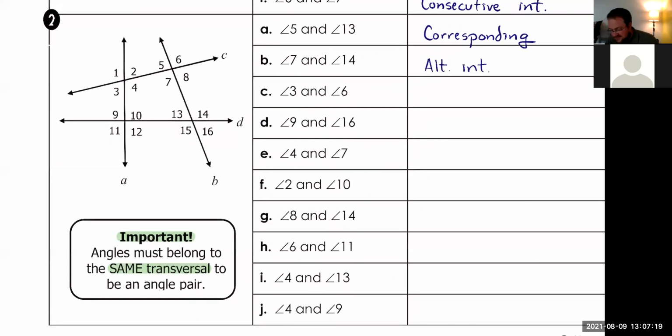About 3 and 6. Changing perspective here, C is now the transversal of lines A and B. Alternate exterior. You said alternate exterior? Yep. 9 and 16. Okay, so now a new change. D is our transversal intersecting the lines A and B. Alternate exterior.